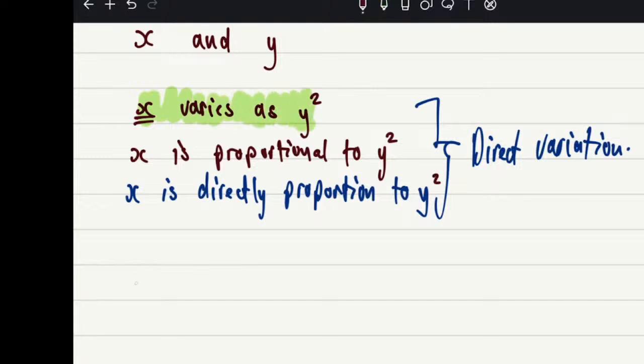Here's how it first goes: x varies as y squared. You put a fish facing the left side. This is varies. X varies as y squared, or is directly proportional to y squared. This is how you put it.